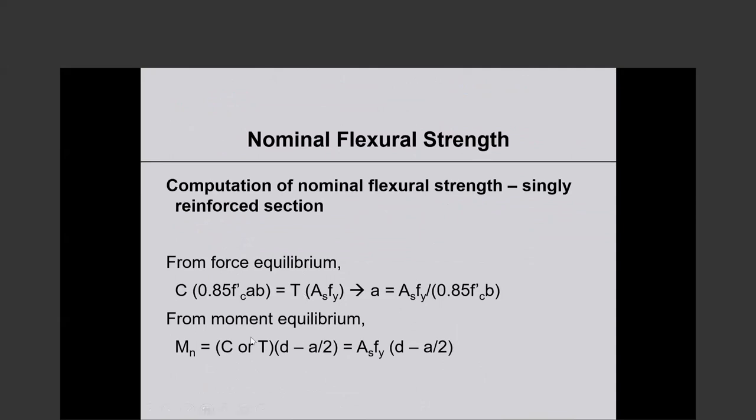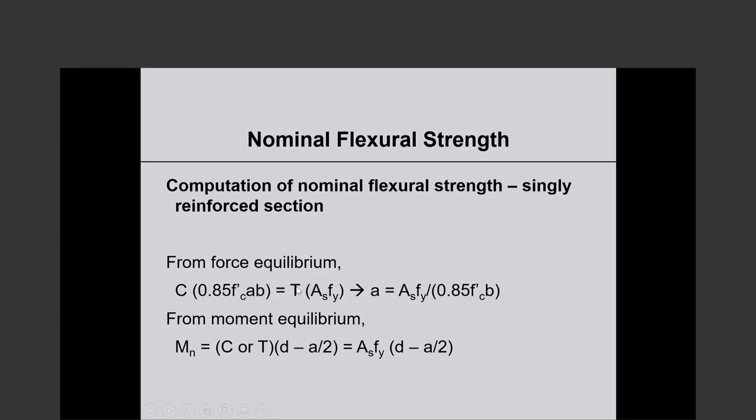Now remember, we have two basic conditions we are dealing with: force and moment equilibrium and strain compatibility. In our case, strain compatibility simply means straight line strain distribution. Going back to force equilibrium, this is the total compressive force, 85% f sub c prime times the uniform stress across the stress block depth a and the width of the section b.